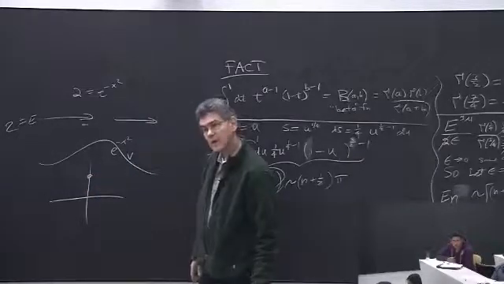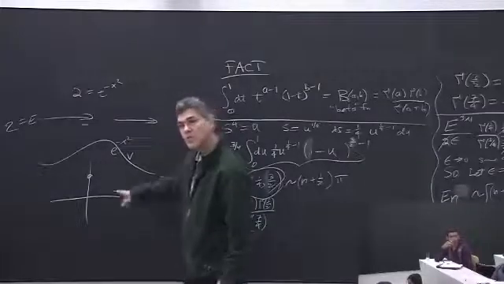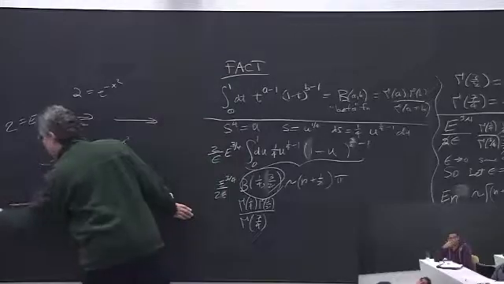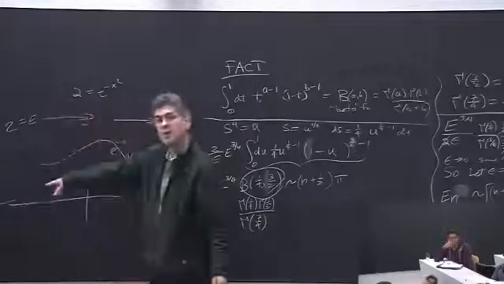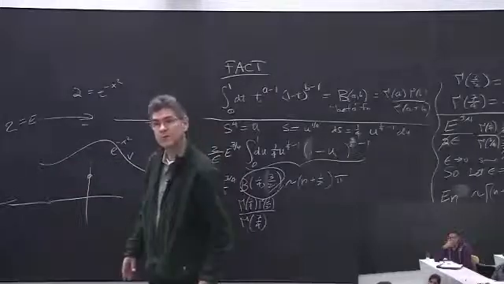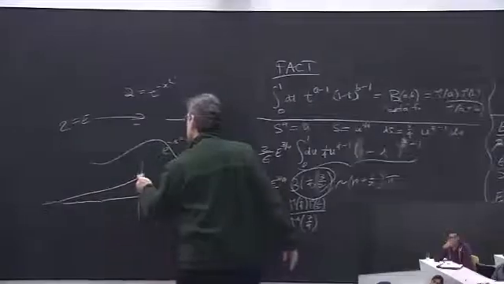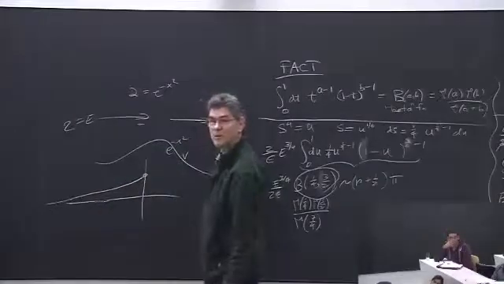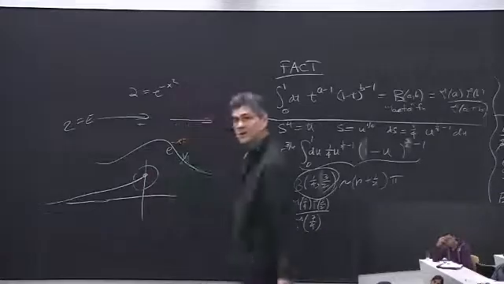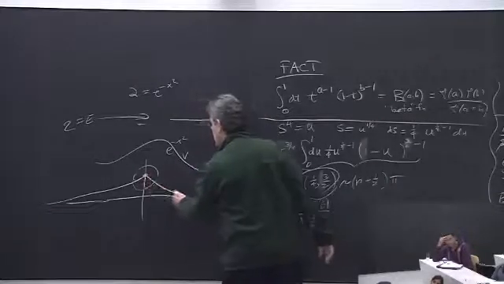So the way you do WKB, this is a one turning point problem, but the turning point is in the complex plane. So you start off on the real axis where the beam originates from the particle accelerator, and then you trace this until you get to the turning point. Then you solve an Airy function problem in the vicinity of the turning point, and then you come out like this.